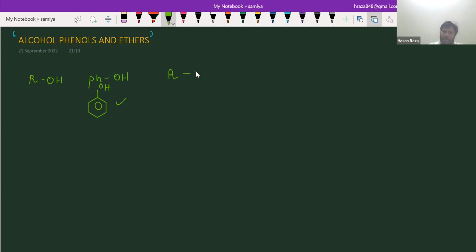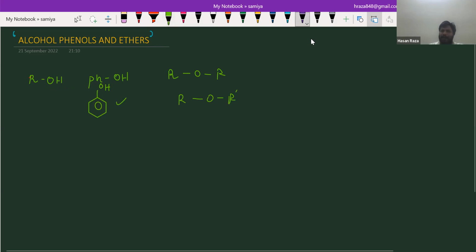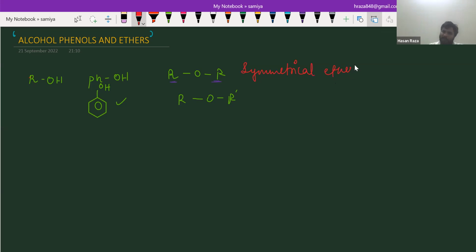And ether is ROR, or it can be ROR dash. Basically, this dash represents another alkyl group. When it is the same alkyl group, it is known as symmetrical ether. And this is basically asymmetrical ether.